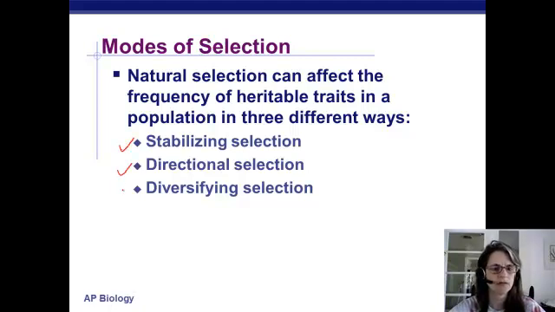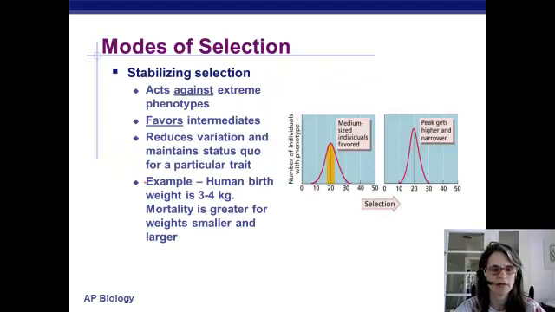Stabilizing, directional, and diversifying. Okay? Stabilizing selection basically means you've got two extremes. Maybe you've got very, very light fur color and very, very dark fur color.